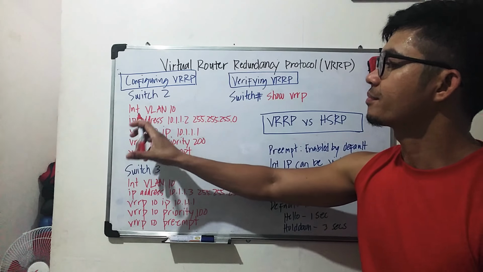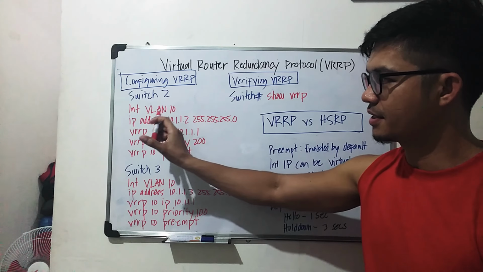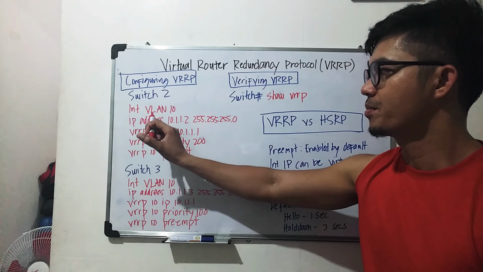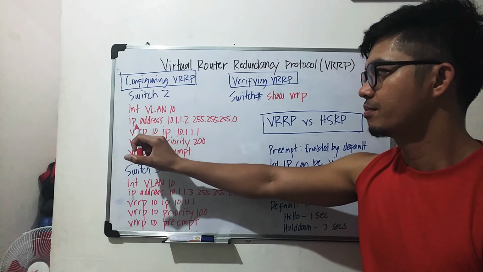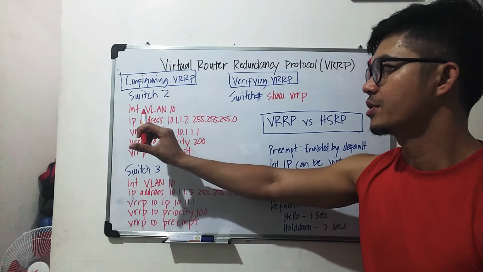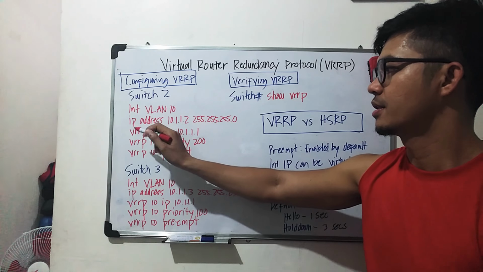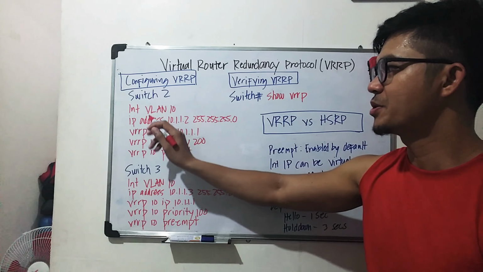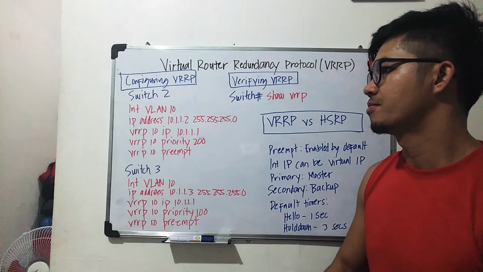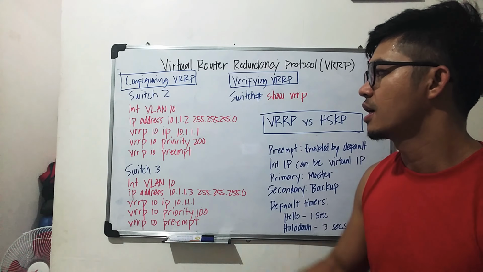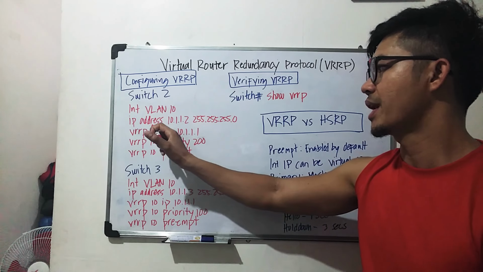So let's talk about the configuration. Interface VLAN 10 is a layer 3 interface, and you have to configure it as any other interface, with an IP address.